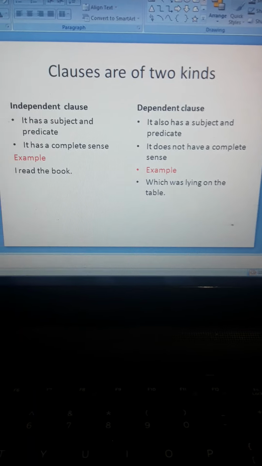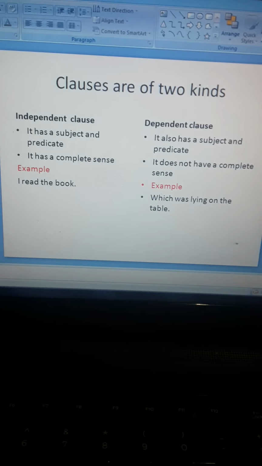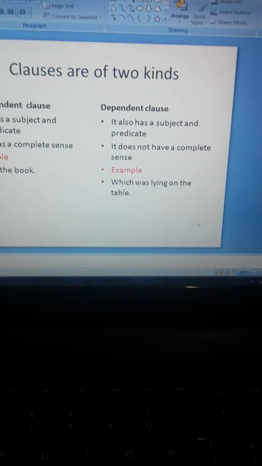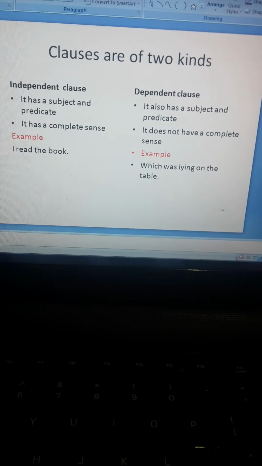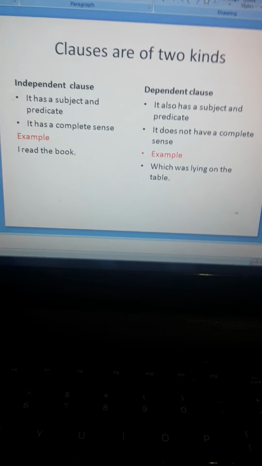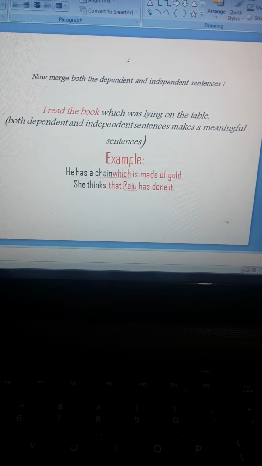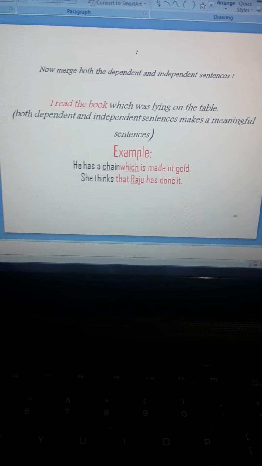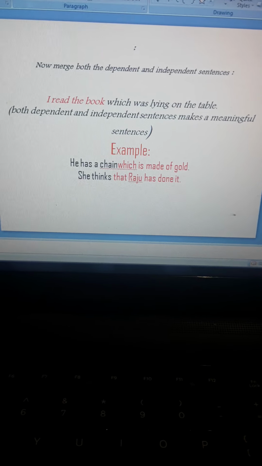So now students, if we add both independent clause and dependent clause, then we can frame a complete sentence. So it goes like this. I read the book which was lying on the table. Now few more examples.